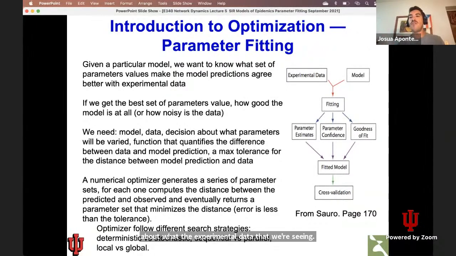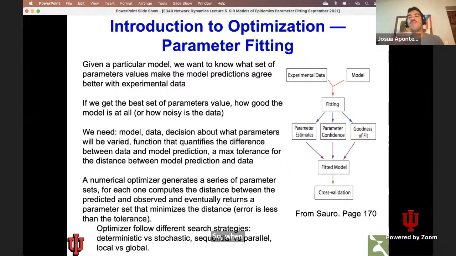But you have the model and the experimental data, and you need to estimate what the parameters of the model are from that data. Once you do, your model predictions agree with the experimental data. That's the whole purpose of the fitting process: you want to make your model predictions agree with the observed data.